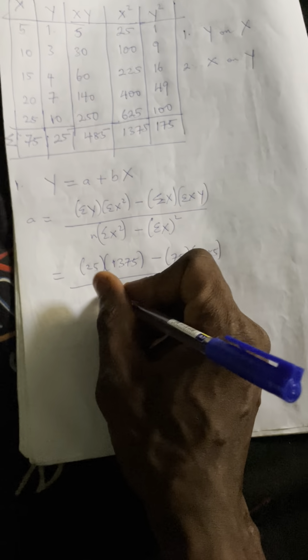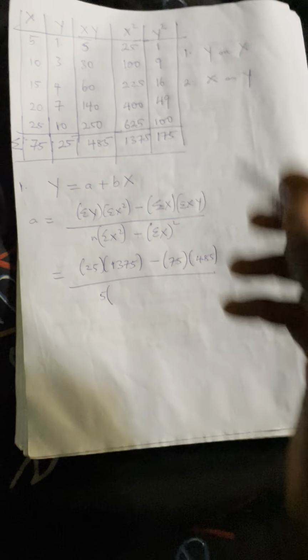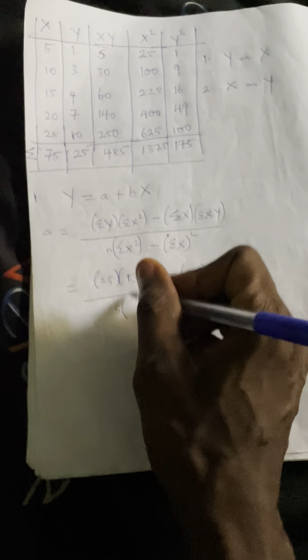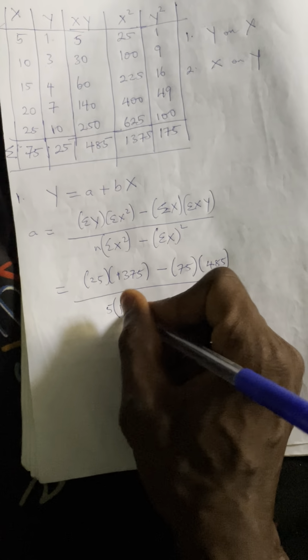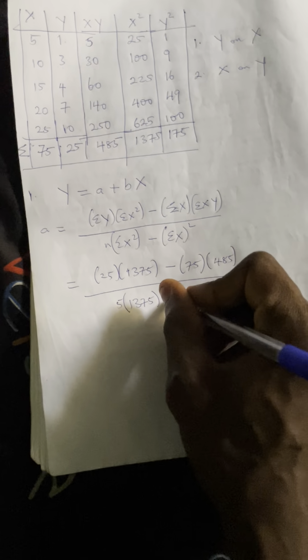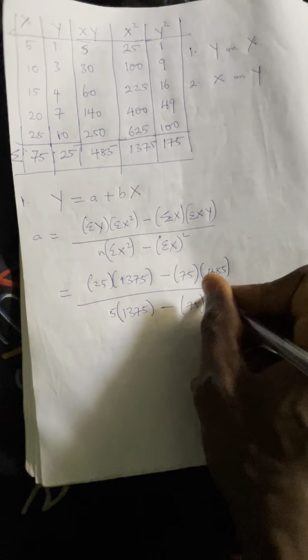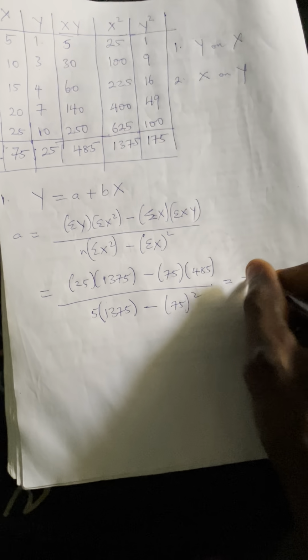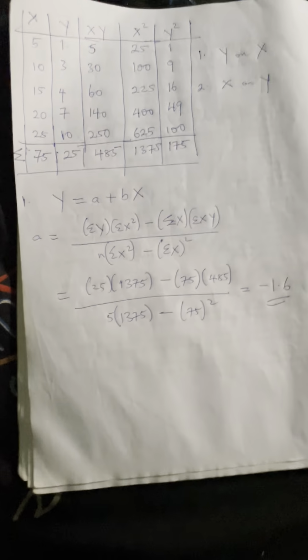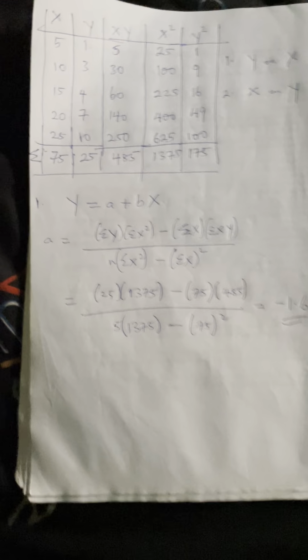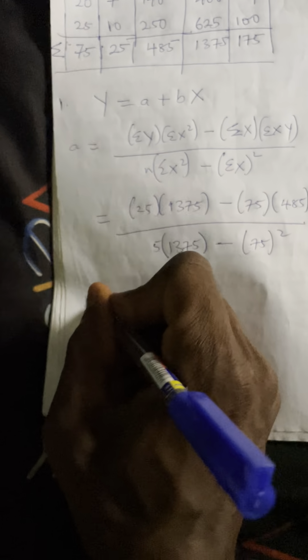Then we have n to be 5, the counting 1, 2, 3, 4, 5. Then n summation x squared, that's 1,375, minus summation x, which is 75, all squared. The final answer to this will be minus 1.6. Now how do we find b here?